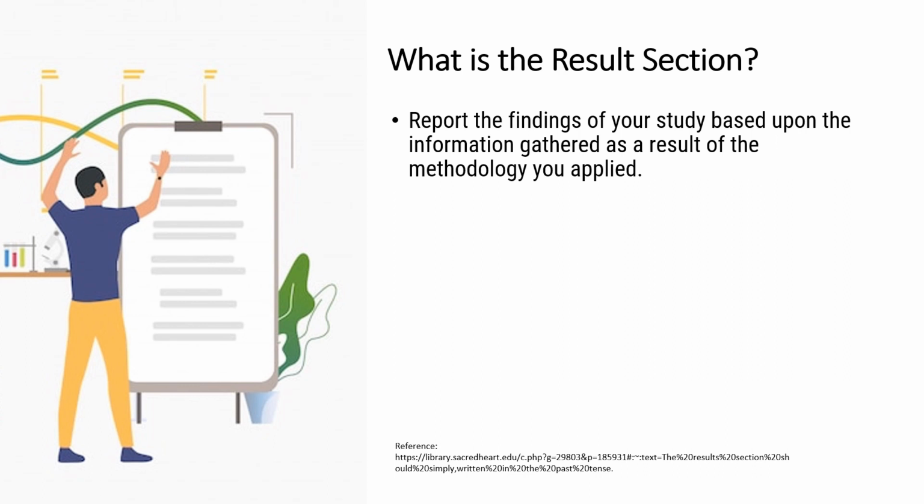And methodology is basically the chapter before this chapter, which is your chapter 3. So you present simply the result on the implementation of your proposal based on your methodology in this results section.